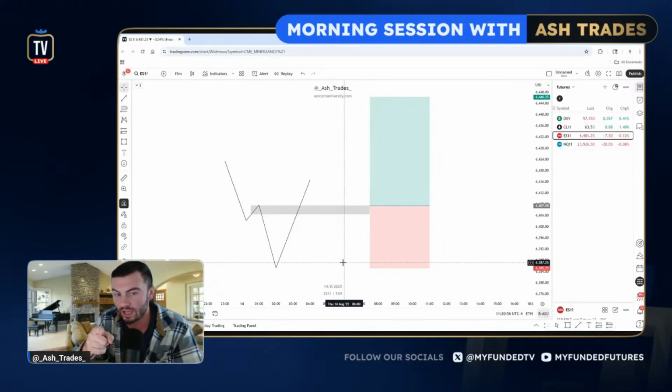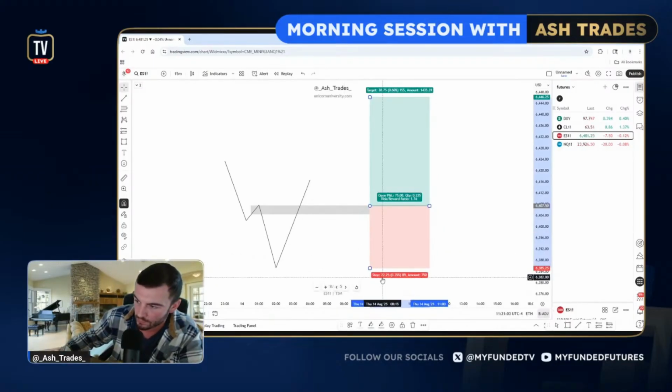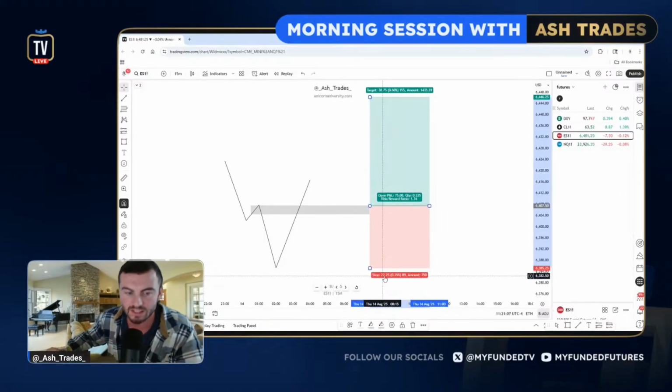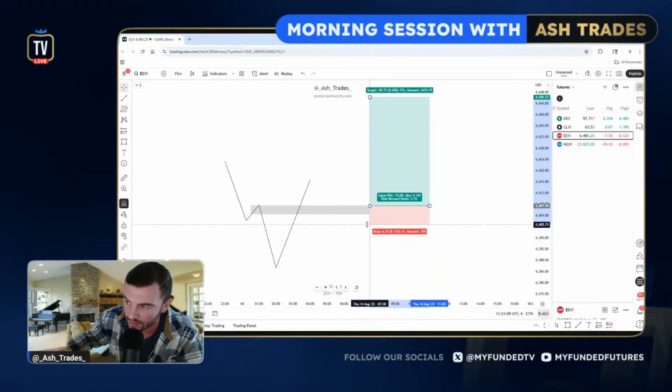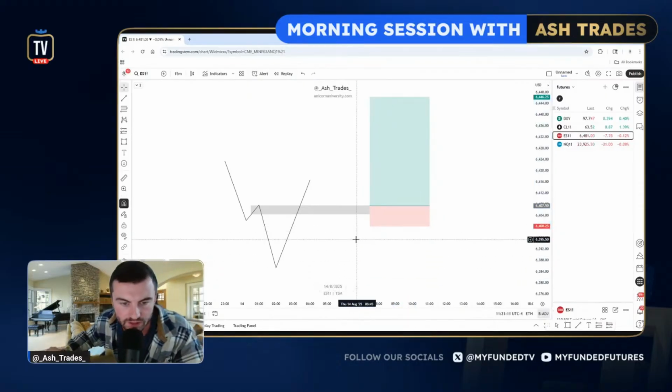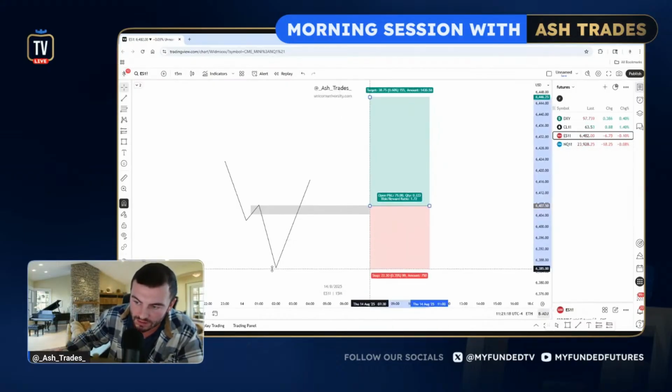What you do as a risk manager is you determine your size, right? Because obviously, one contract at 22 points on ES is a lot more risk than one contract at 7 points of ES. You see the difference there? So you change your size, right?